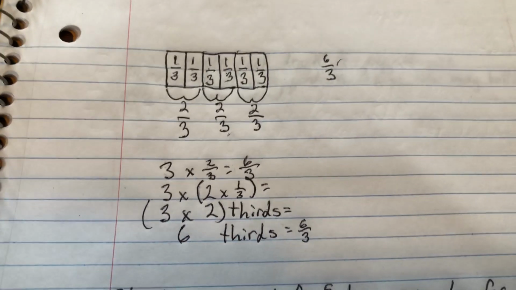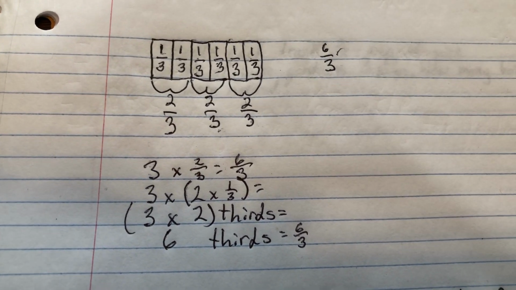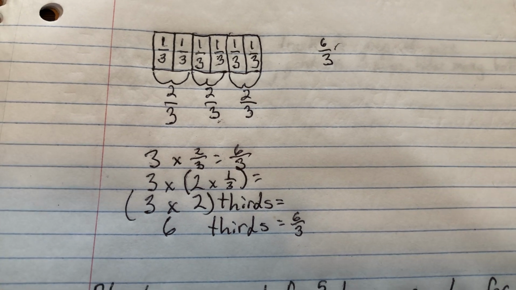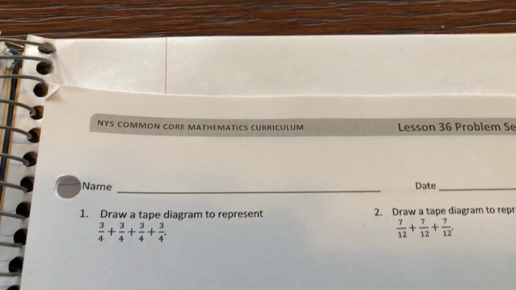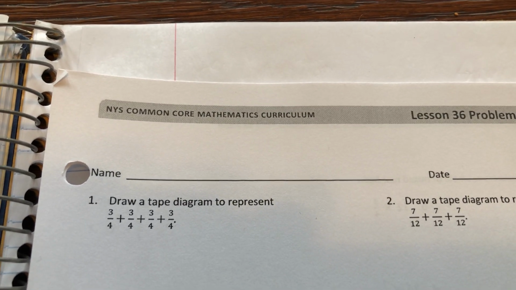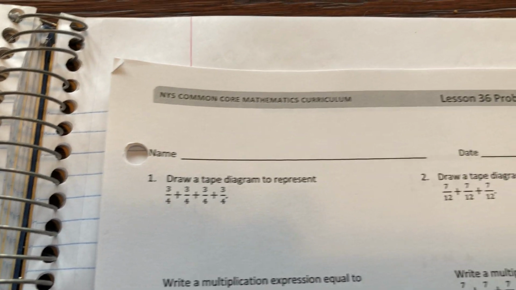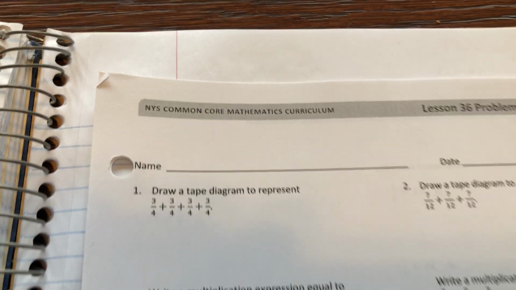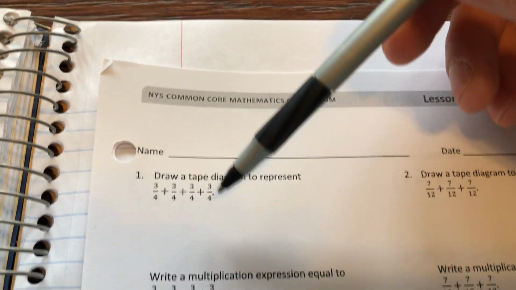All right, so for lesson 36, in the problem set, they give you the reverse. They give you an addition sentence with multiple fractions, and they want you to draw a tape diagram to represent them. Hopefully at this point we all know how to do that. So number 1, 3/4 plus 3/4 plus 3/4 plus 3/4.